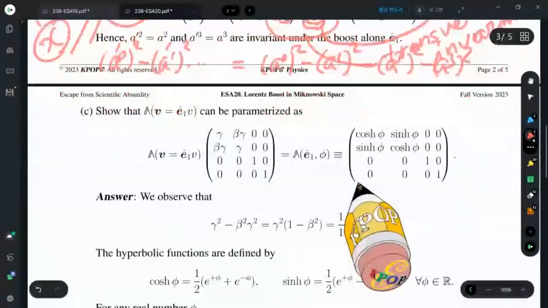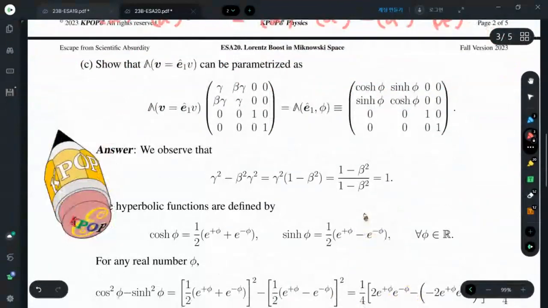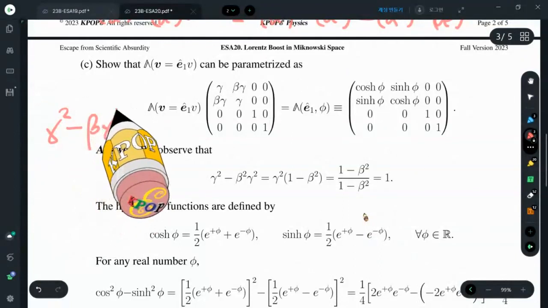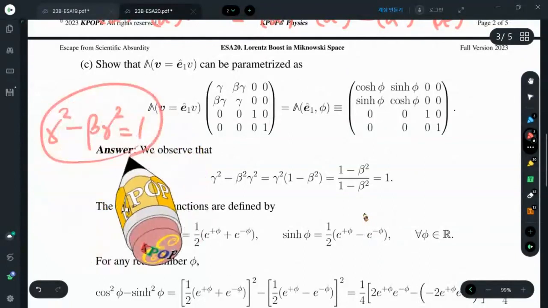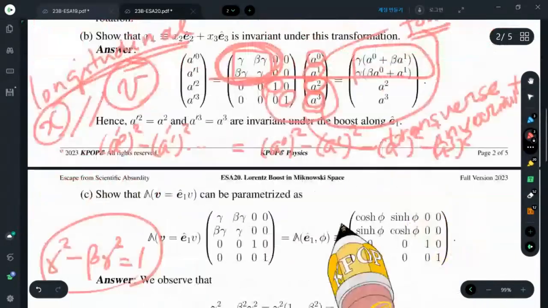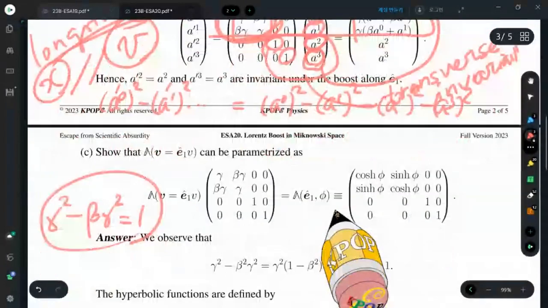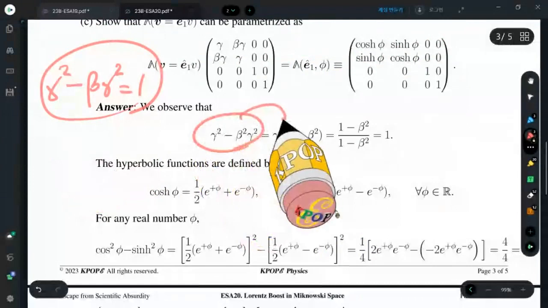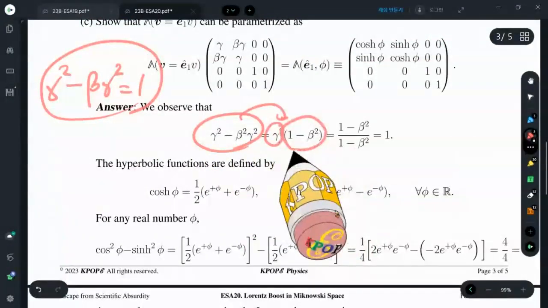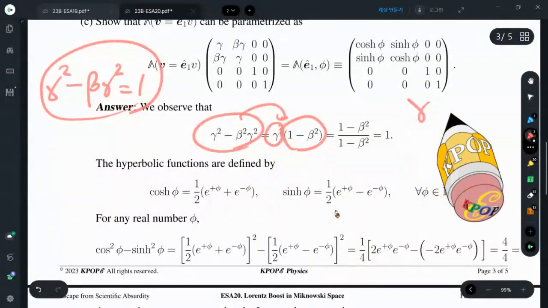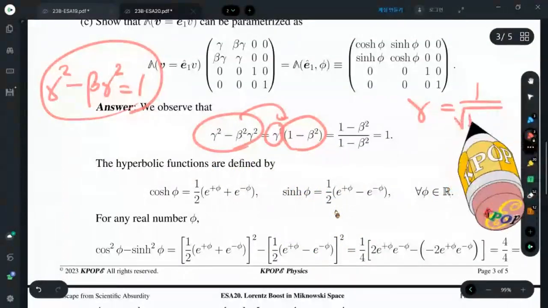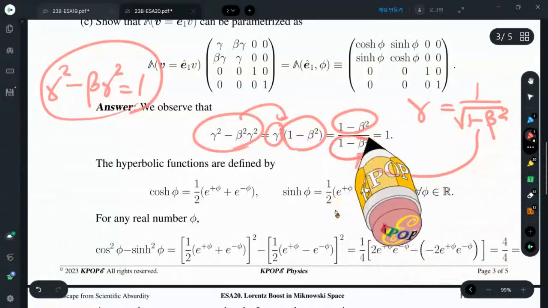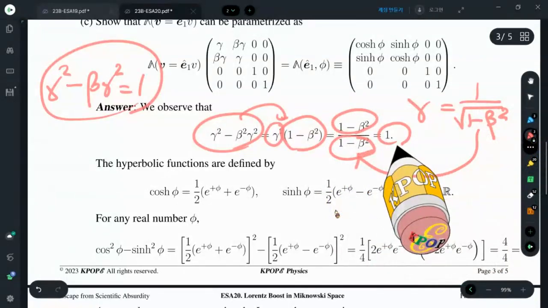Then we will find that gamma squared subtracted by beta gamma squared equals 1. It requires, what's that? We can factorize this gamma squared and 1 minus beta squared. By the way, gamma is defined by 1 over the square root of 1 minus beta squared. If I substitute them, this is nothing but 1.